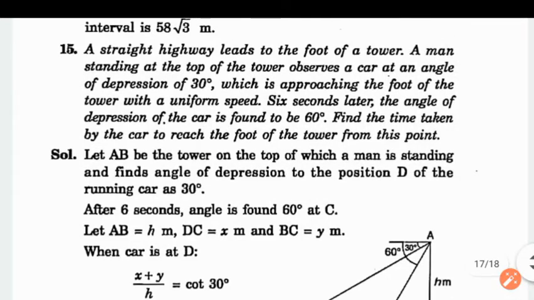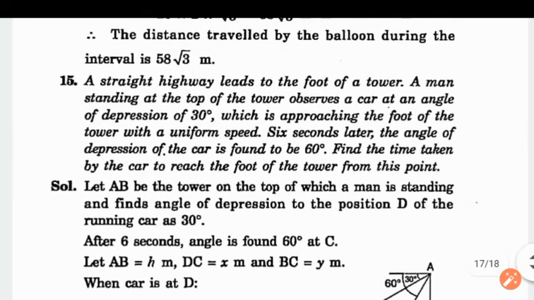A man standing at the top of that tower observes a car at an angle of depression of 30 degree, and that car is approaching towards the foot of the tower with a uniform speed. So, one person is standing on the top of the tower, and from that top of the tower one highway is there, and on that highway he is watching one car by making an angle of 30 degree.